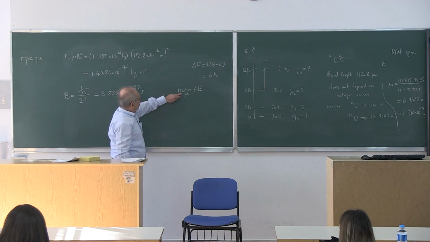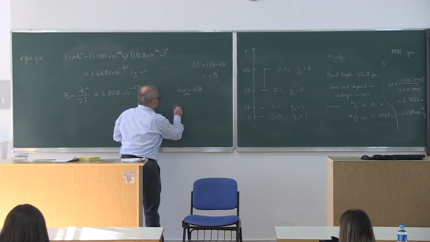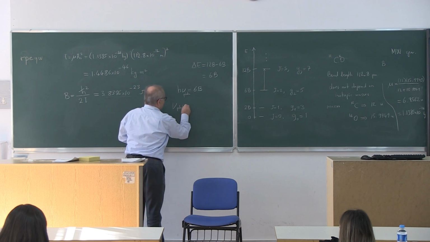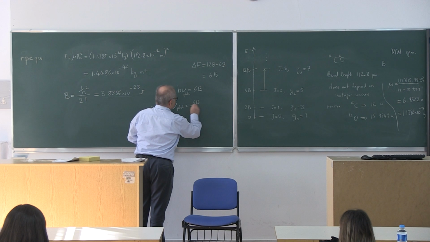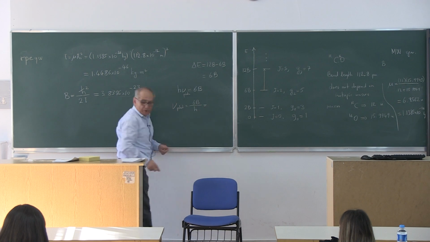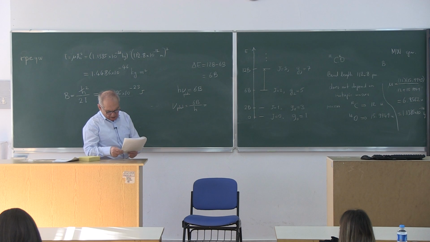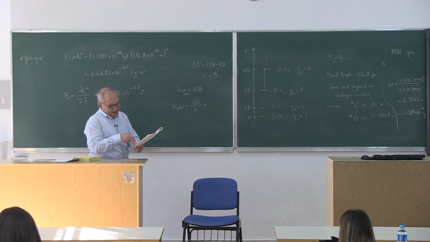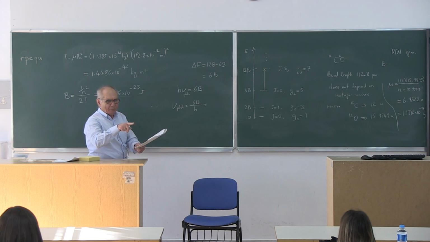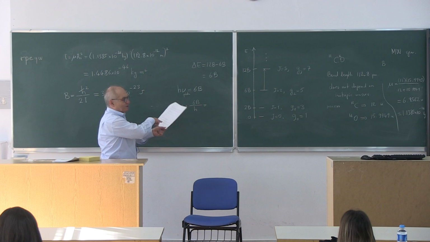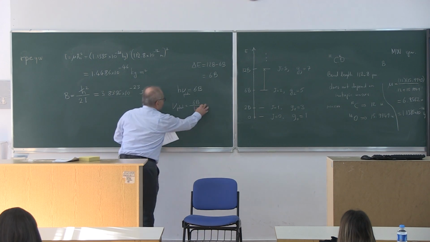And we can first calculate the frequency of the photon. I don't have the number for the frequency, but I have directly obtained the wavelength because the question is asking for wavelength.